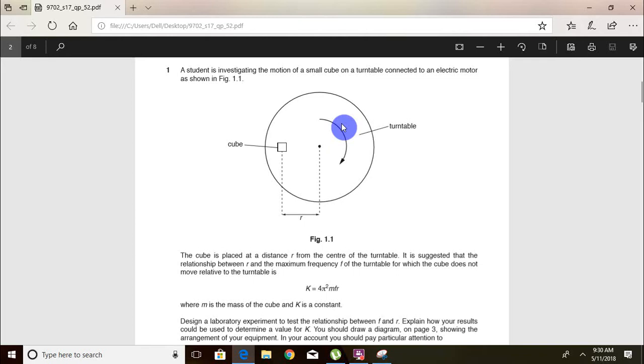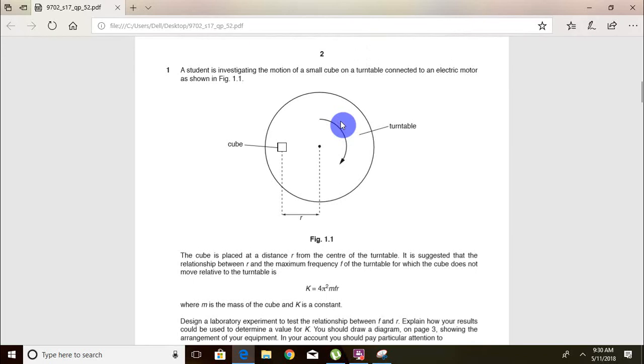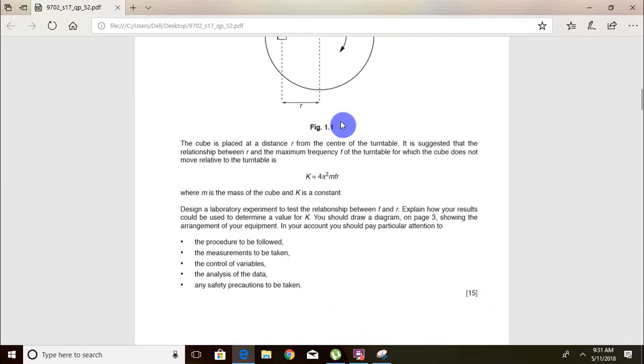But the moment the centripetal force gets bigger than the friction, the cube is going to move. And what is the centripetal force equivalent to? It's equivalent to m omega squared r, and omega is 2 pi f. Hope that makes sense from a theoretical point of view, though I think this particular knowledge isn't necessary for this question. Or it may be. Let's find out.